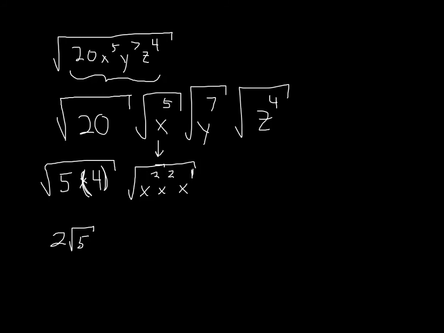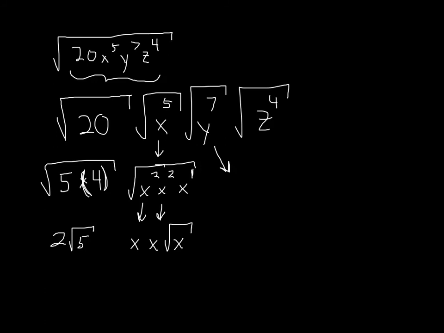So x squared times x squared is x to the 4th, times x to the 1st gives me 2 plus 2 plus 1 is equal to 5. Maybe that makes sense. Hopefully it does. So the square root of x squared is going to give me x. And then I still have a square root of x that can't be simplified out. Can't pull an x out of there.